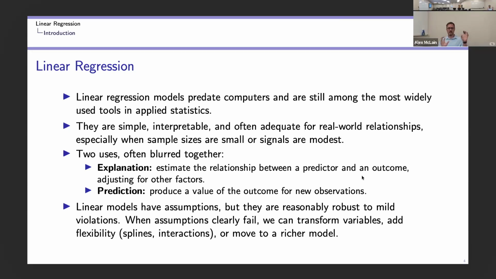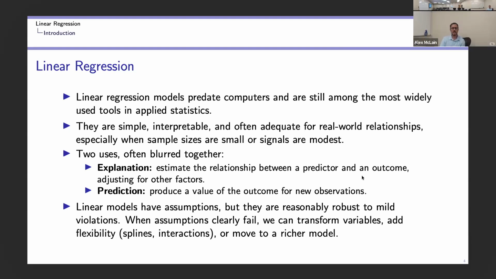That's what we use linear regression more for in public health. I would say 19 times out of 20, when we're in public health and we're running a linear regression model, that's the type of model that we are running. So we're interested in how two variables are related to one another. Are two variables related to one another? That all goes under that first bullet, that explanation bullet.